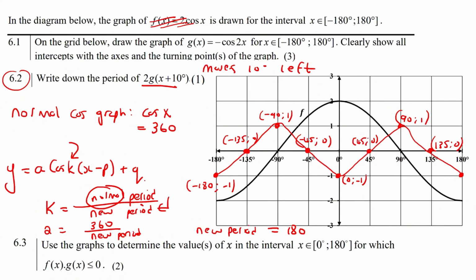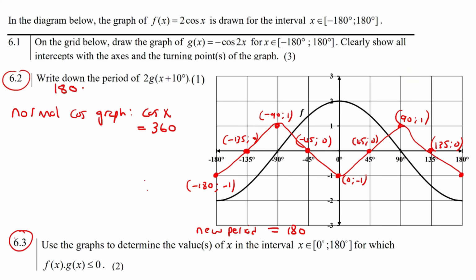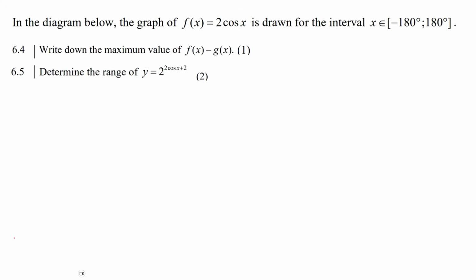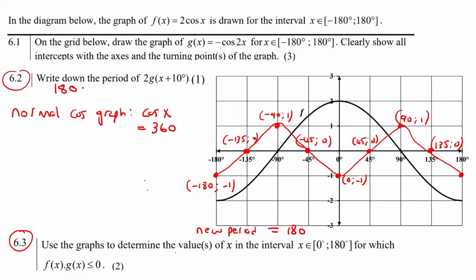So it says write down the period of the graph when you do this and this. Well, this and this don't do anything to the graph of G, so it's just going to be this question. Now remember, we still have 2 more questions coming up, okay? Now it says here, use the graph to determine the value of x in the interval 0 to 180. Okay, so they only want you to look between 0 and 180.